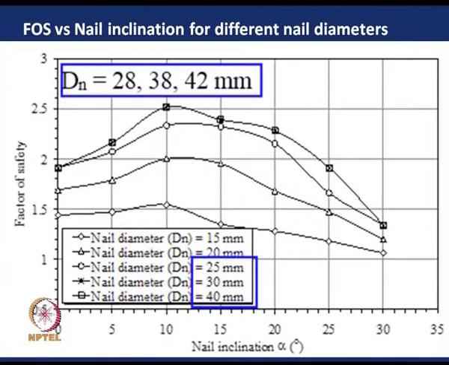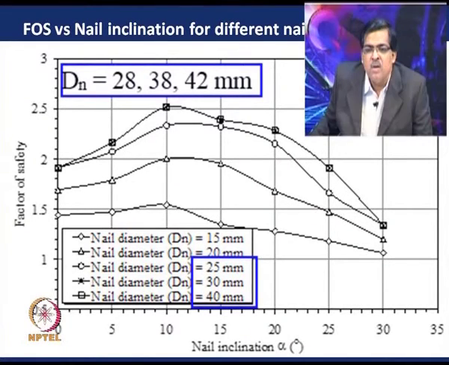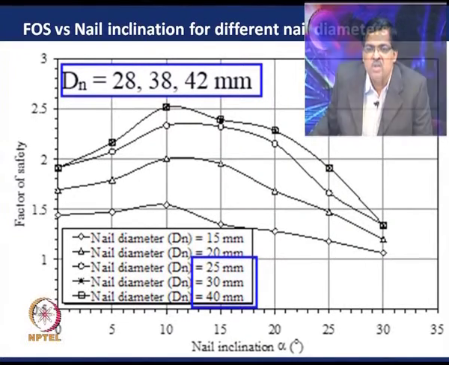As can be seen here, with an increase in the diameter, for example this is for the nail diameter of 20 mm and 15 mm, there is an increase in the factor of safety. The nail inclination is also found to have a similar effect for a 60 degree slope inclination, which is shown here.